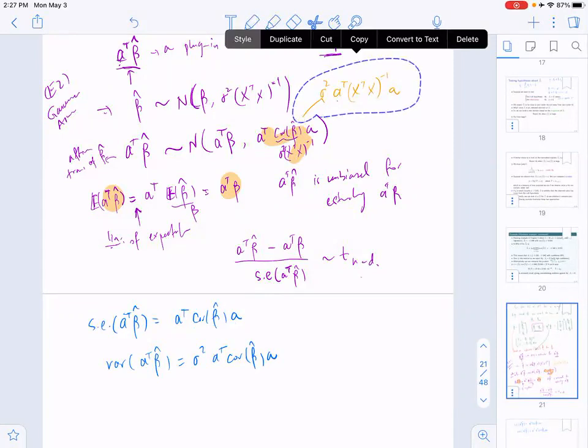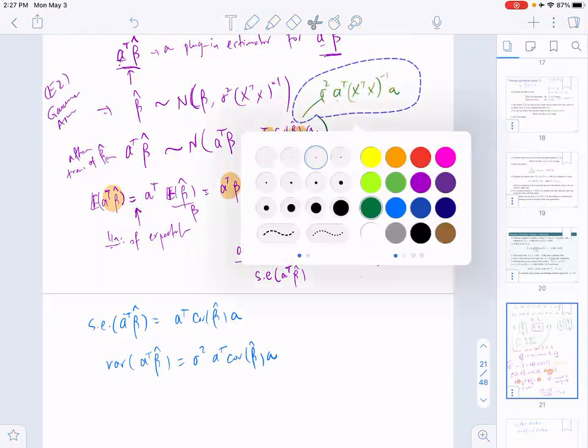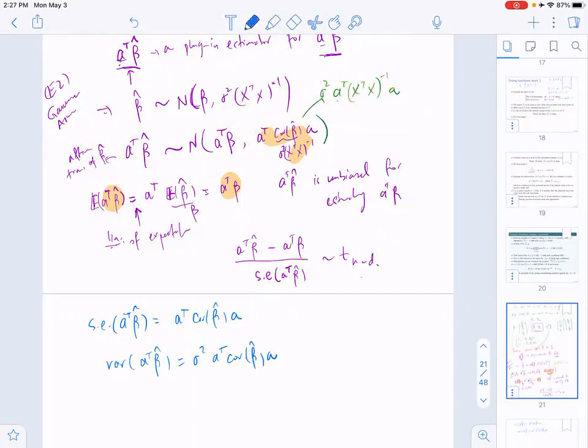In fact, this is the variance of A transpose beta hat. Because it's a univariate object, the covariance matrix and the variance are the same. So this is correct.